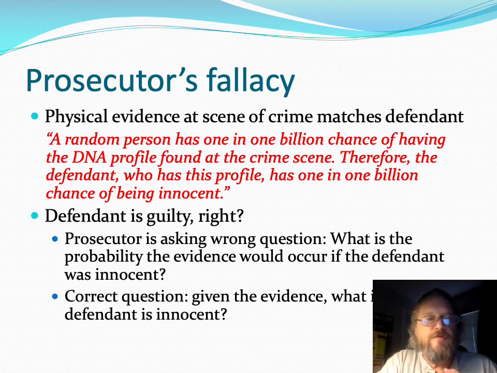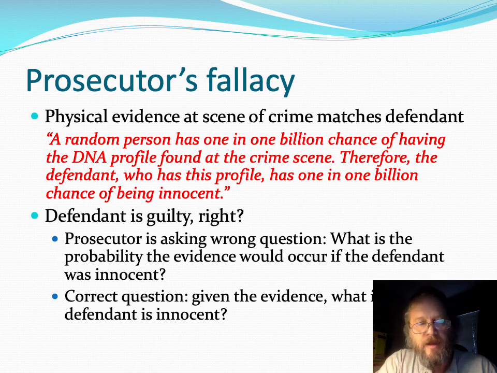Therefore, the defendant who has this profile has 1 in 1 billion chance of being innocent. So the defendant is guilty, right? And the problem is that we're asking the wrong question. We're asking, what is the probability the evidence would occur if the defendant was innocent? And the correct interpretation is, given the evidence, what is the probability the defendant is innocent? It's a subtle difference, but it's an important one.